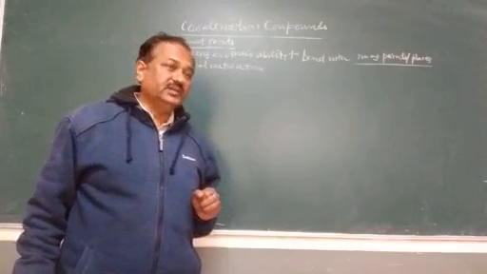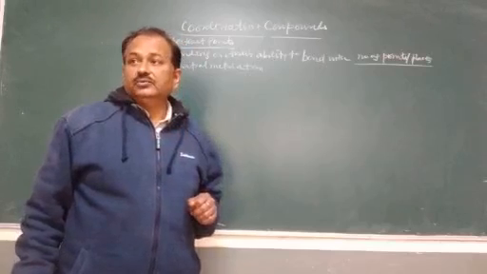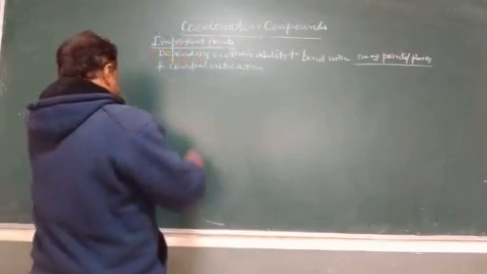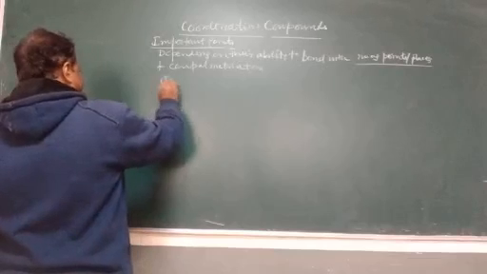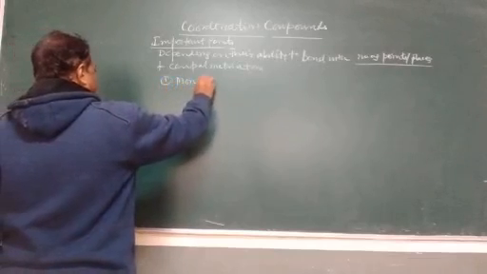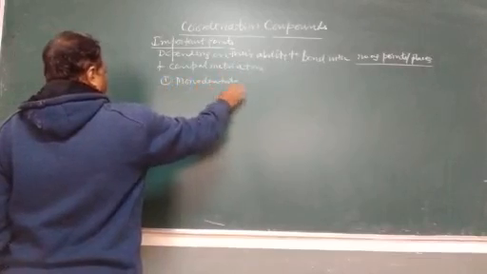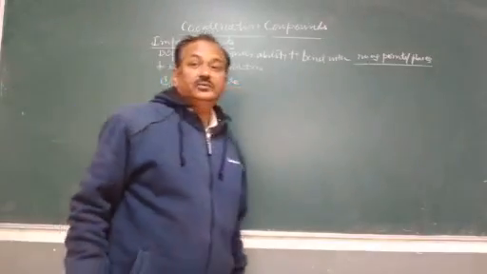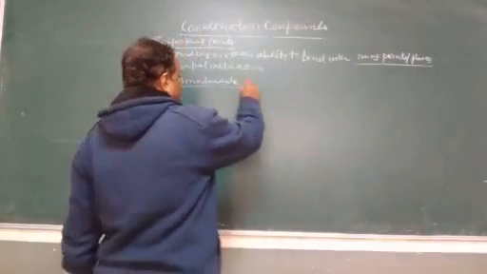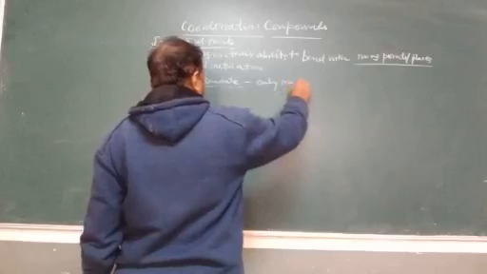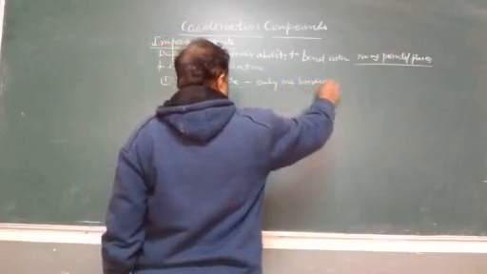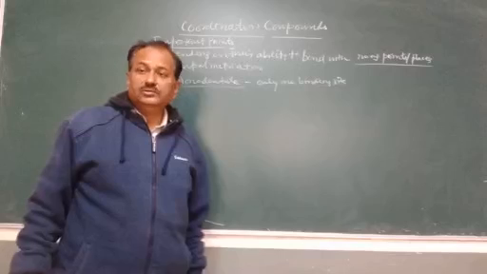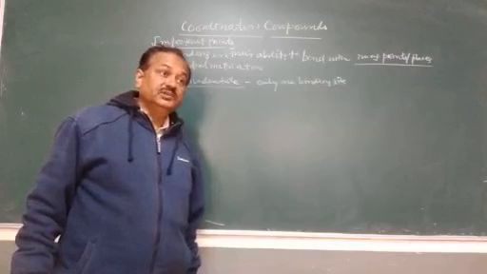Ligands can attach only through the bonding site to the central metal atom. Now, first is monodentate ligands, having only one binding site, like chlorido, bromo, iodo, cyano or nitrito.